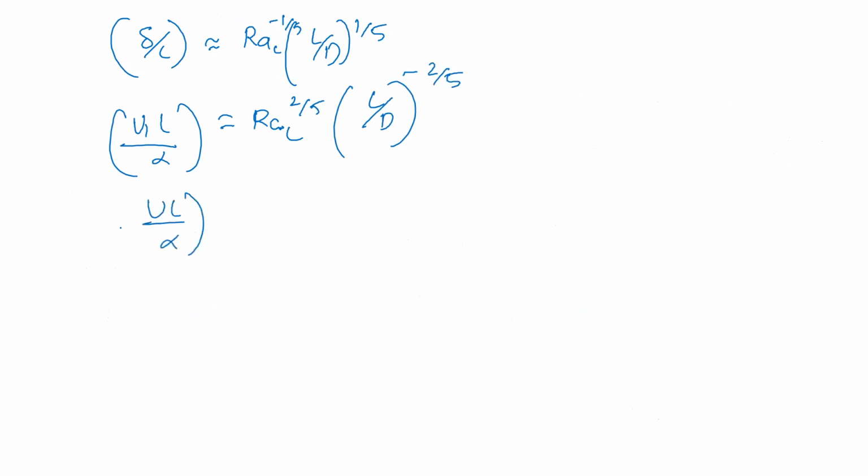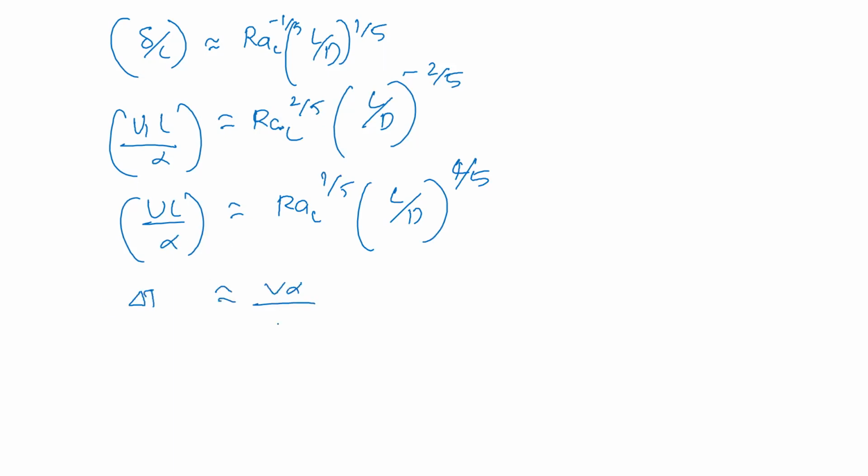UL by alpha, similarly, rearranged, is RAL raised to 1 by 5 into L by D raised to 4 by 5. Also, the value of delta T comes to be nu alpha by g beta L cube into RAL raised to 4 by 5 into L by D raised to minus 4 by 5.